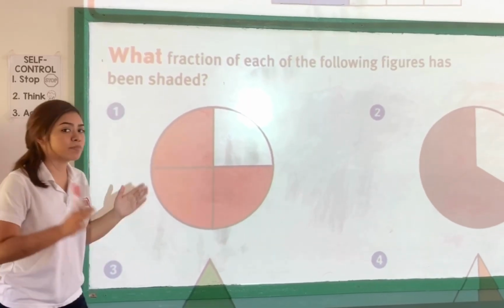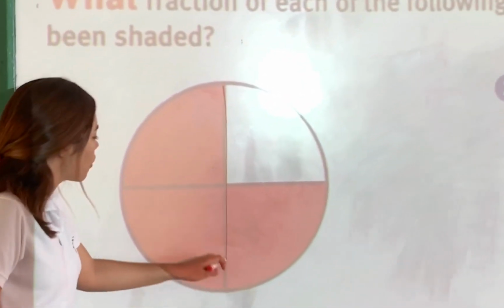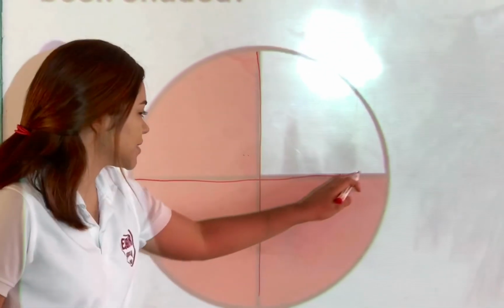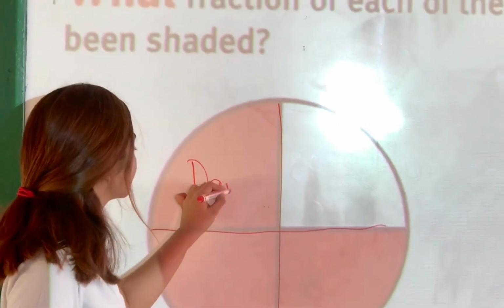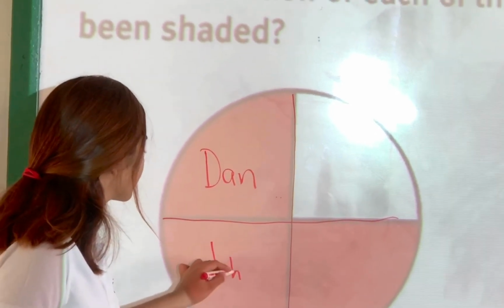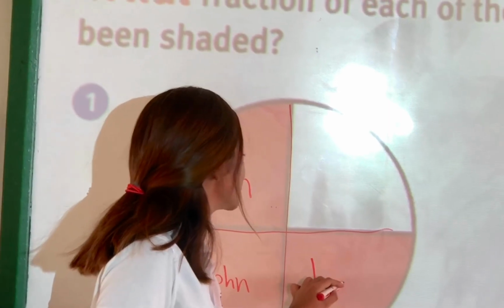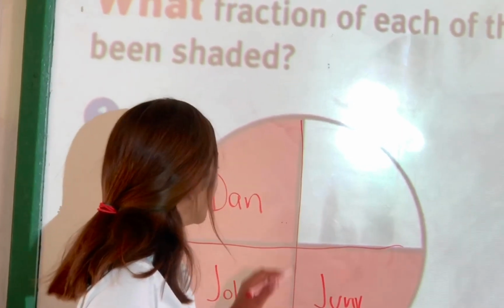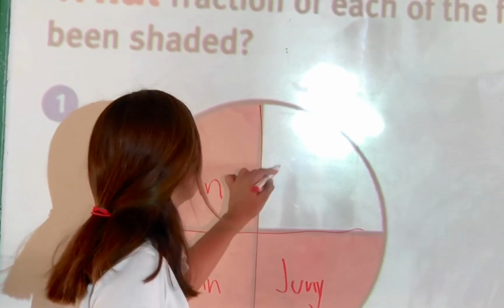Let's imagine we have a pizza and we divide that pizza into 4 slices. One for Dan, another one for John, another one for Junie, and the other one that has not been eaten by Mary.